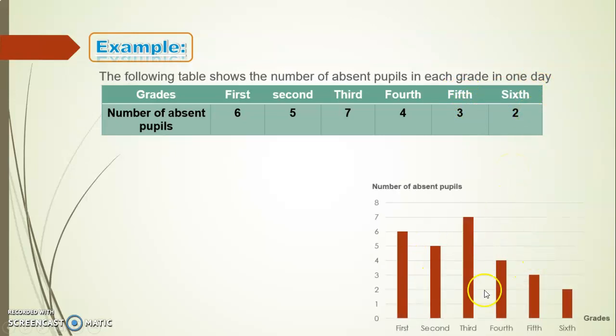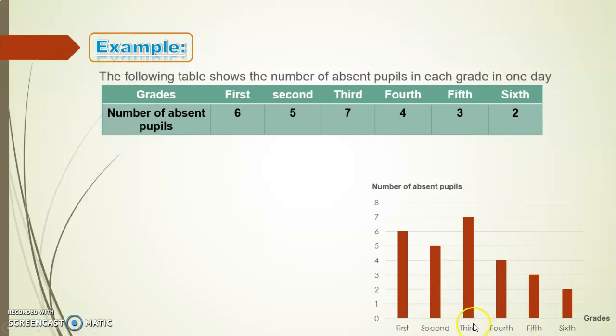This is our graph. How can we draw the graph? As we said, we have two axes, the vertical axis, and on it we write the numbers. We always start with 0. 0 is the intersection of the vertical and the horizontal axes. On the horizontal axis we write the category. Here our category is the grades.